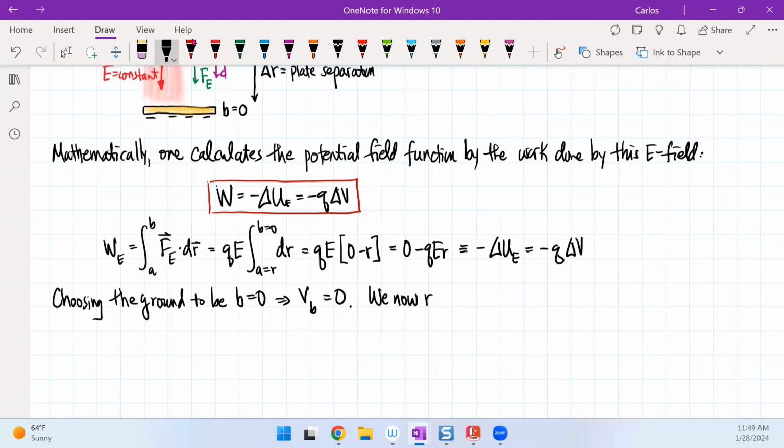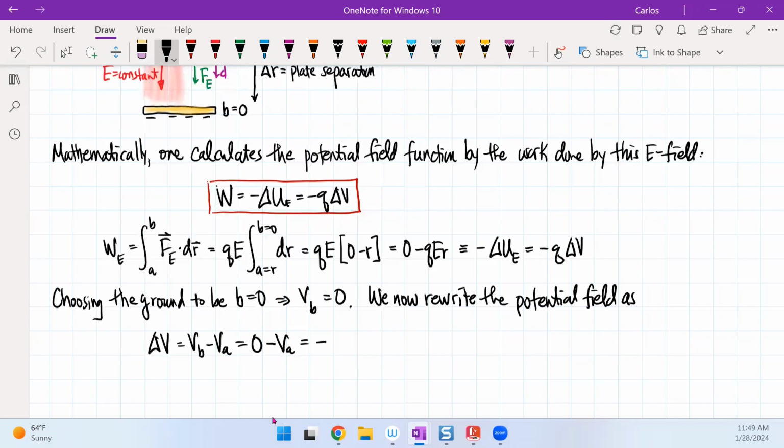We now rewrite the potential function or the potential field as delta V equals VB minus VA, which will then be 0 minus VA, which in this case will be minus V of R, which is, of course, ER.